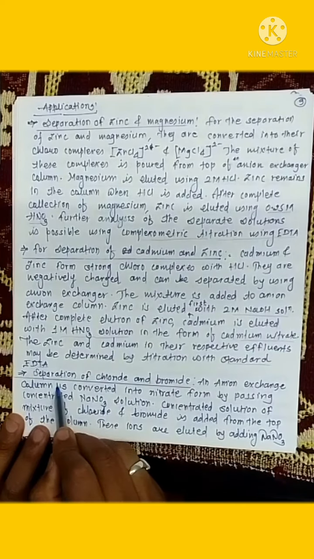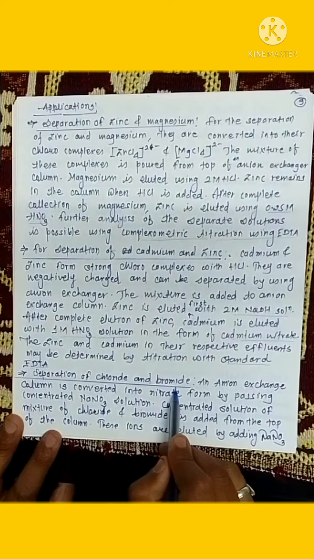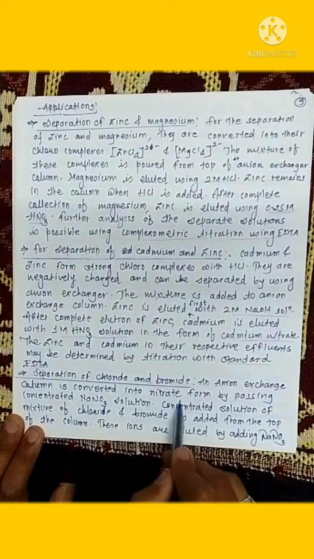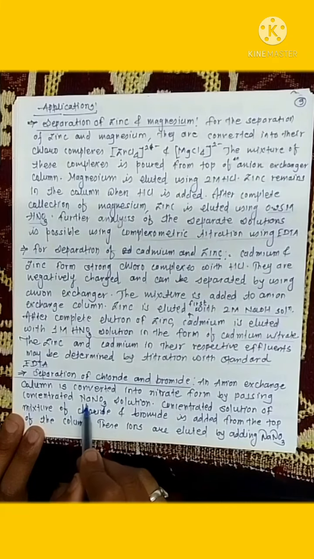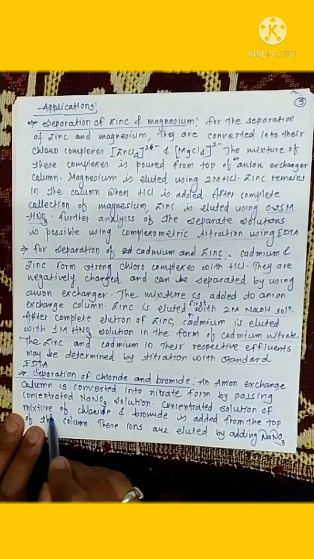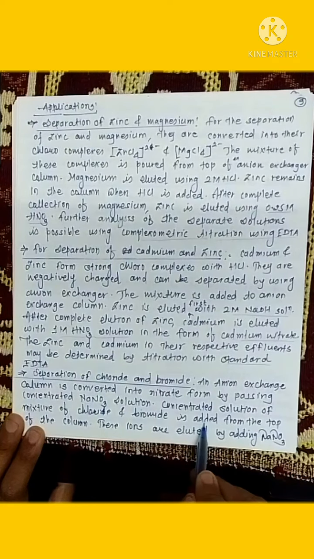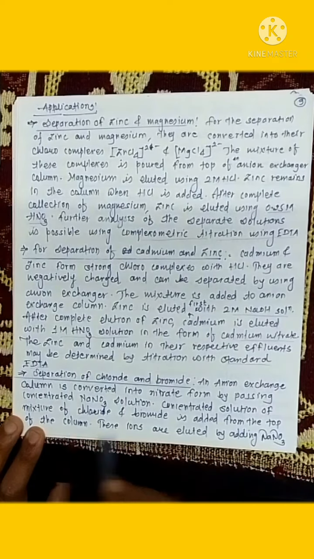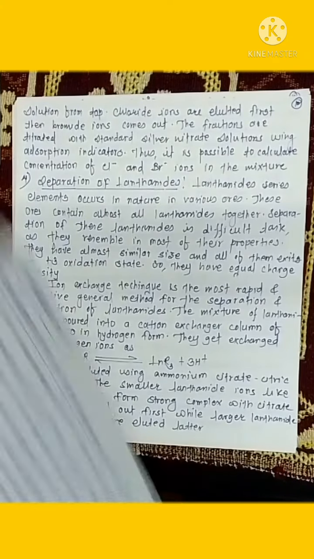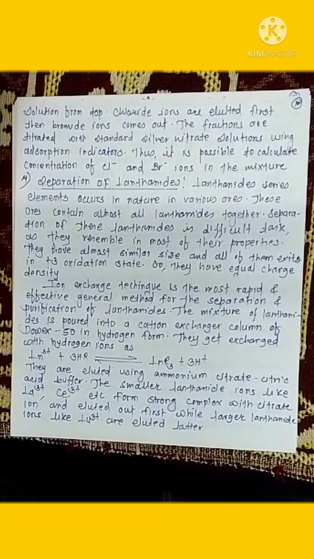Next application is in the separation of chloride and bromide. The anion exchange column is converted into nitrate form by passing concentrated NaNO3 solution. A concentrated solution of the mixture of chloride and bromide is then added from the top of the column. These ions are eluted by adding NaNO3 solution from the top.